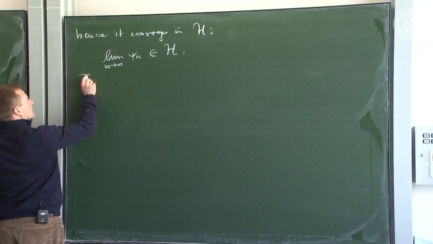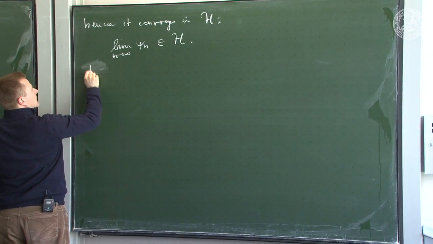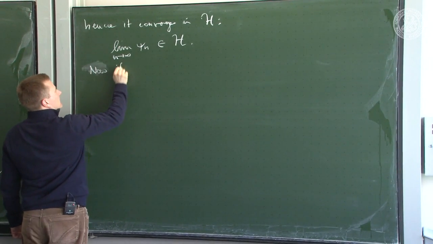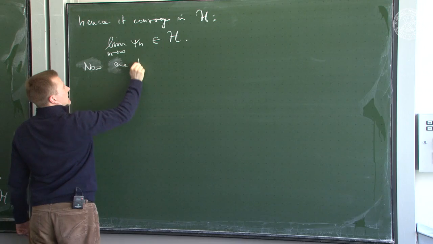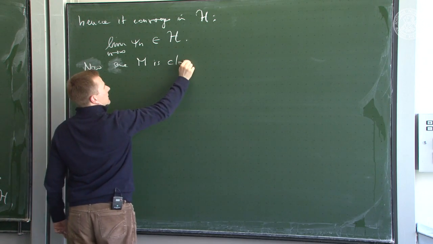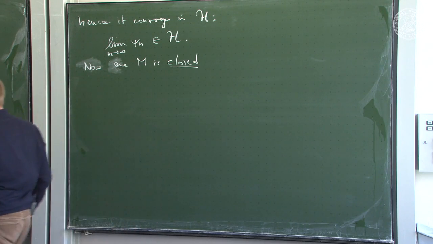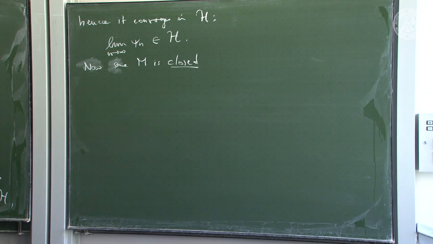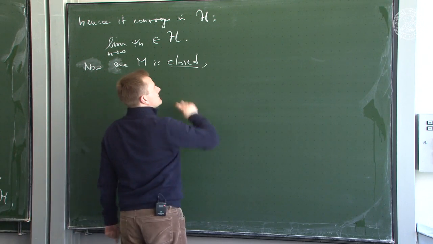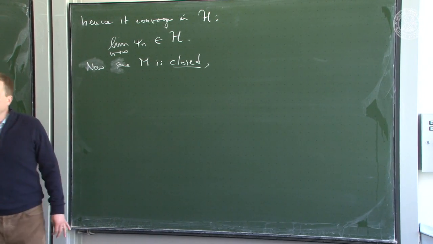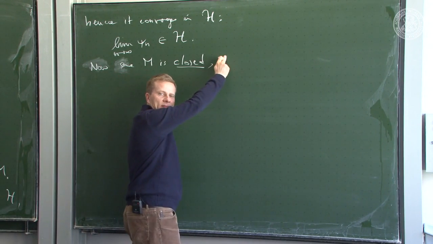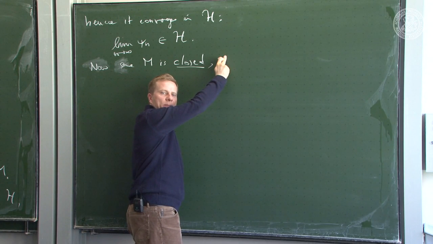Well, since M is closed, now we're going to use the closure condition. What does it mean for M to be closed? You tell me. Topologically, what's the condition for M being closed?